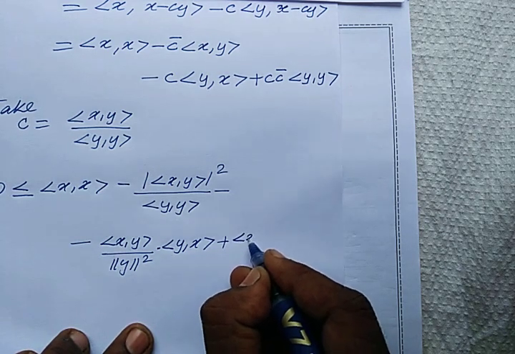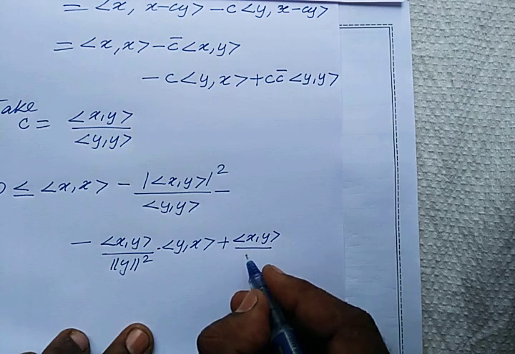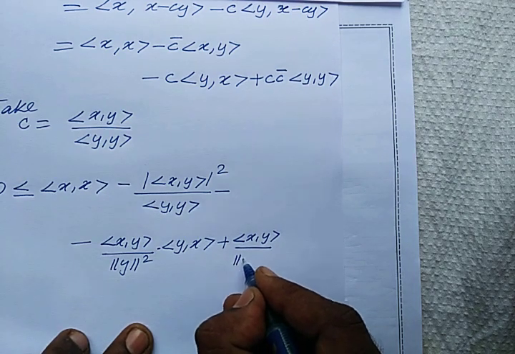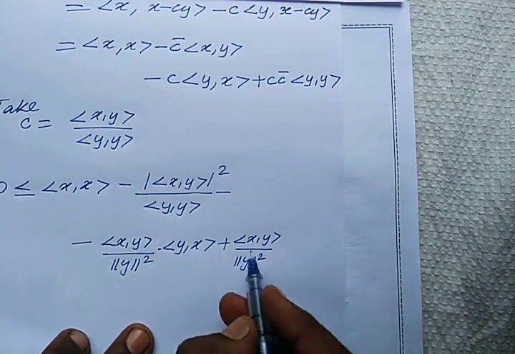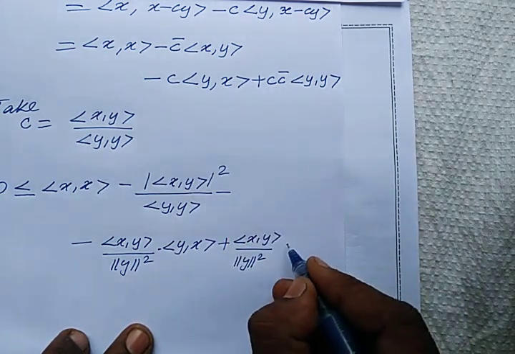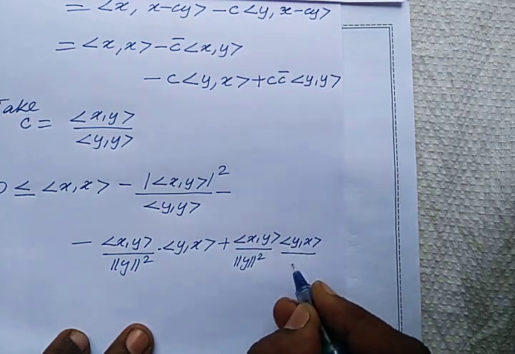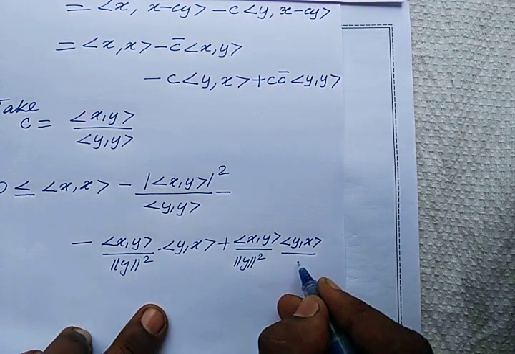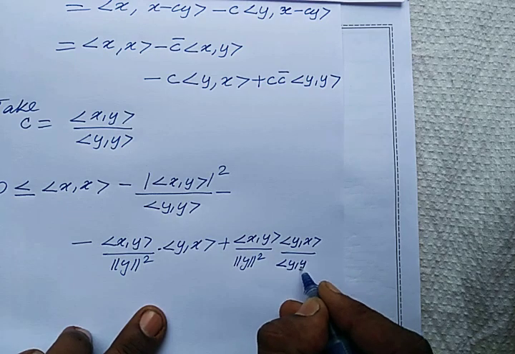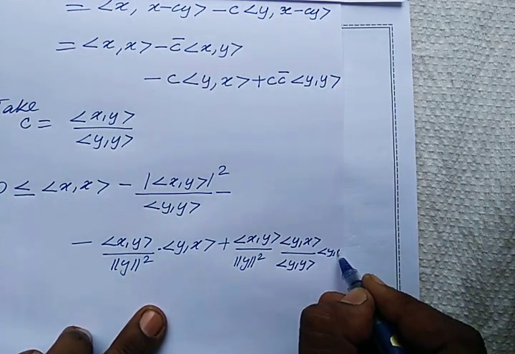Then c bar is this divided by norm y square, or the inner product of y comma y, and here we have one more y comma y.